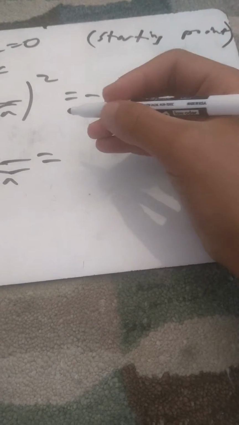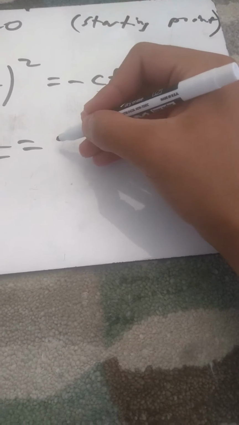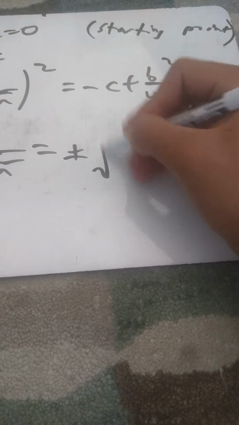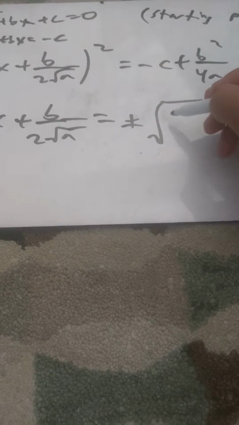what I'm going to do is take the square root of both sides. Square root of a x plus b over 2 square root of a. Say this is equal to plus or minus the square root of b squared minus 4ac over 4a, right?